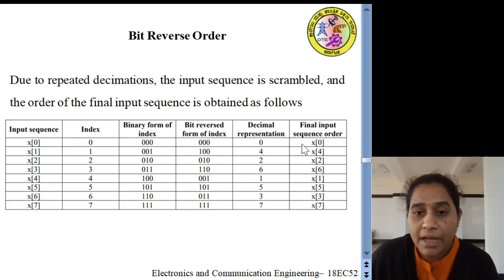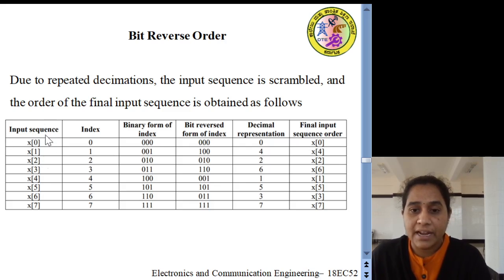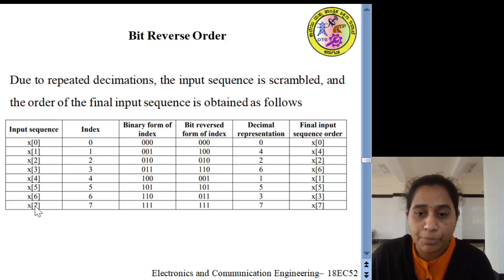Okay, so we can observe here the input sequence x of 0, x of 1, x of 2 up to x of 7. The indices of this input sequence are 0, 1, 2, 3, 4, 5, 6 and 7.